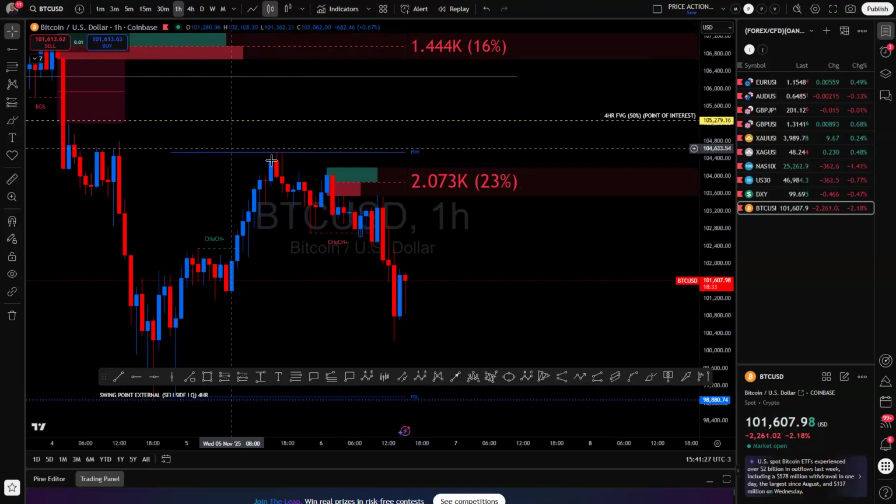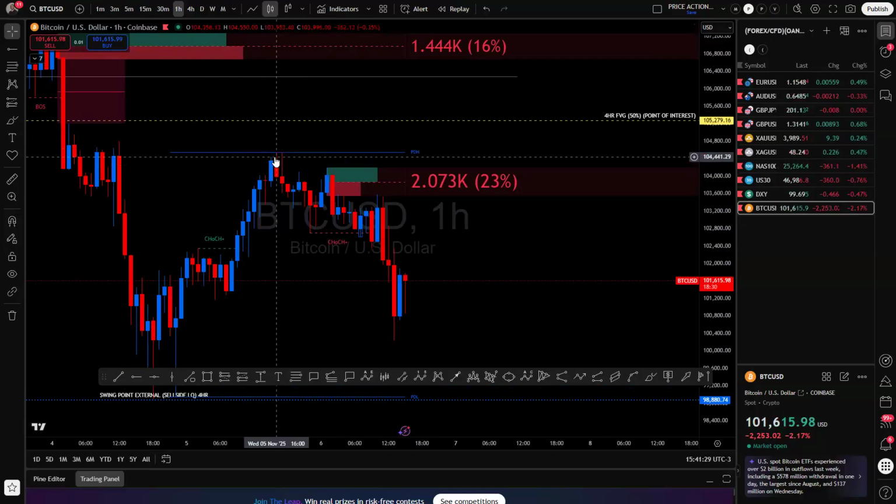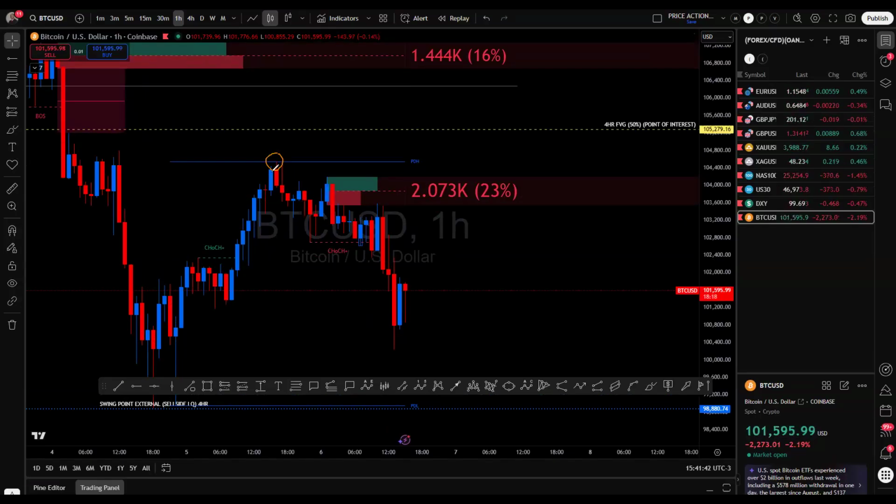Of course, we didn't get a sweep. Well, technically, we actually got a sweep here. That's why it's always good to drop down to the smaller time frame, because that way it'll give us more of the story. We had a sweep here, and then it looks like we had the fair value gap closed maybe here or maybe around here, and that's why price dropped down to here.